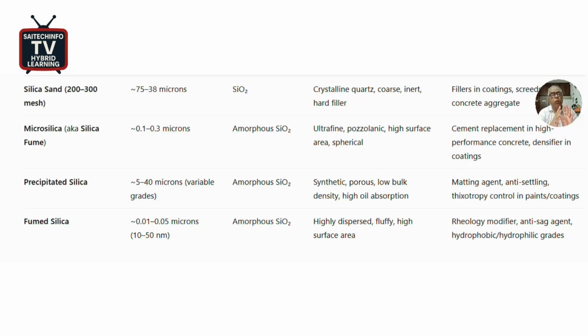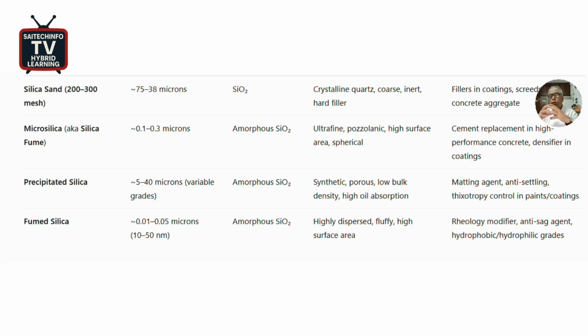And this is also an amorphous type, amorphous meaning non-crystalline. It is not a crystal one. Whereas regular silica sand is a normal crystalline one. But starting from micro silica, precipitated silica, fumed silica, these are all amorphous, that is non-crystalline silica. It has a highly dispersing nature, and it is very fluffy also.